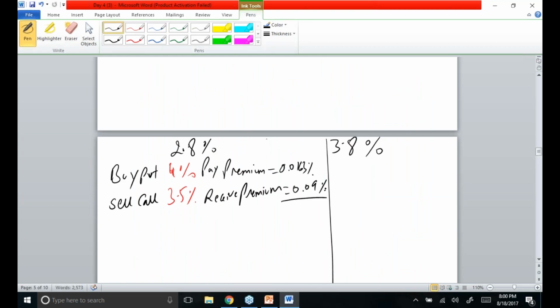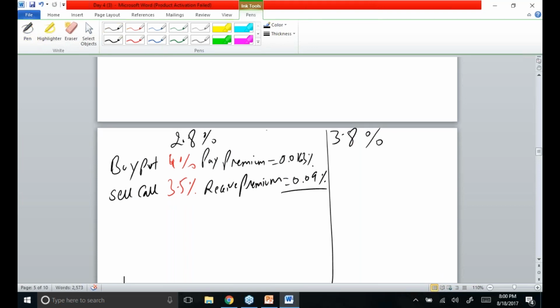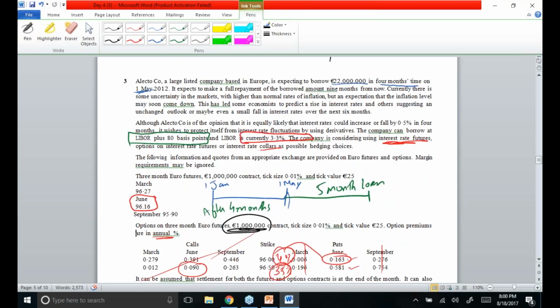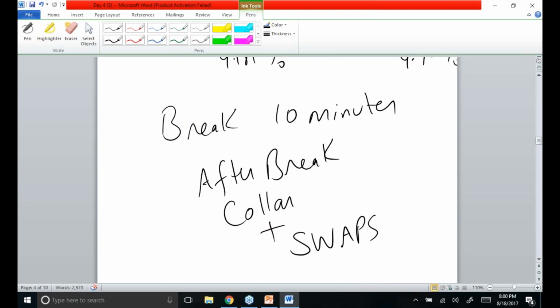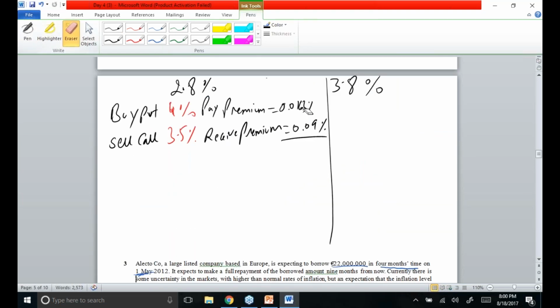Okay, your net answer will be 0.073. So it's a cost. The first step.